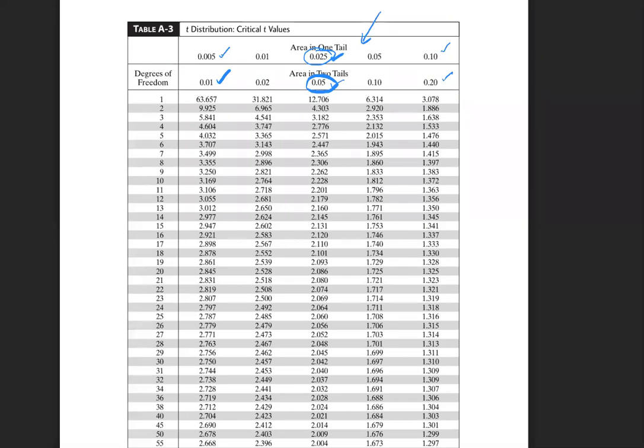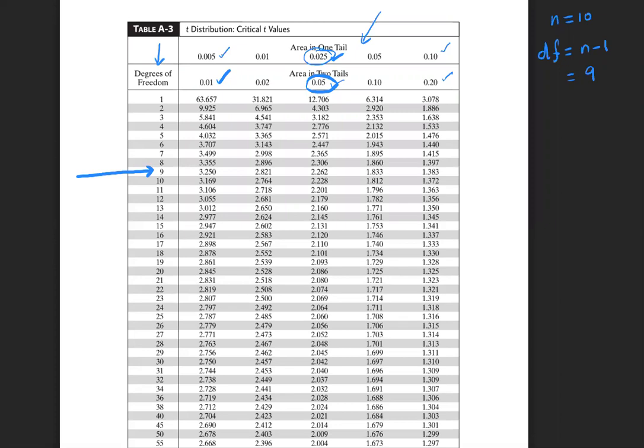Now I'm going to go ahead and find which row to go to. Remember, our sample size n was 10. We defined something called degrees of freedom, df, which is always n minus 1. So in our case, it's going to be 10 minus 1, which is 9. So you keep looking in the first column and find 9.